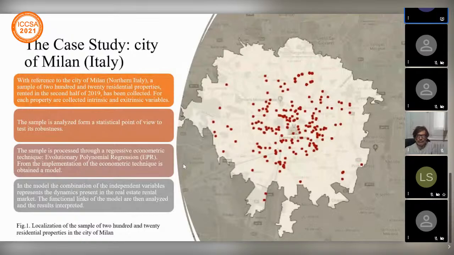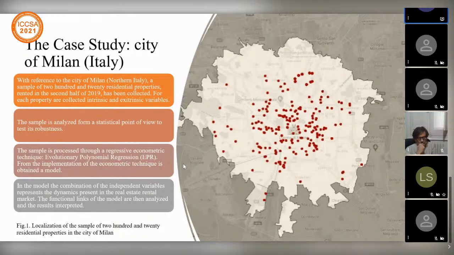And as in the presentation before, we analyzed the database collected from a statistical point of view, and we applied the evolutionary polynomial regression. It's important to highlight that EPR has never been used for the rental sector, and this is the first time that this technique has been used for the rental sector.